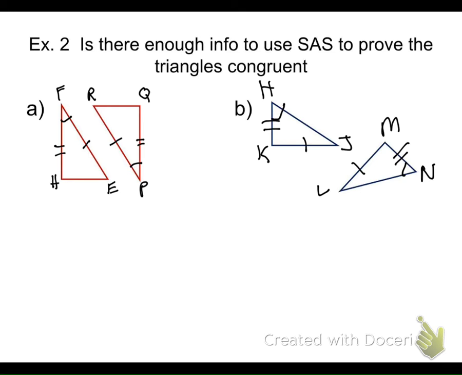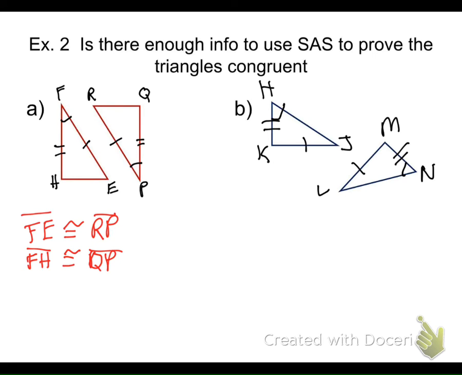Okay, so let's list what was given or seen in the photo. So we have that segment FE is congruent to which side? Yep, PR. Either way, we have segment FH is congruent to QP or PQ, yep. And then we have one more congruence.